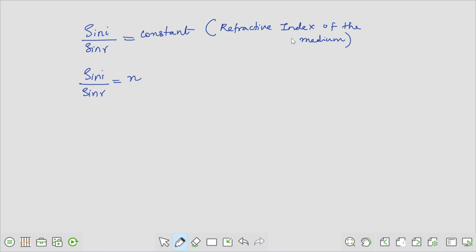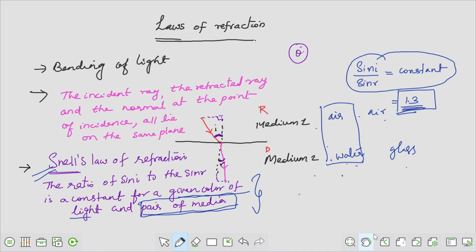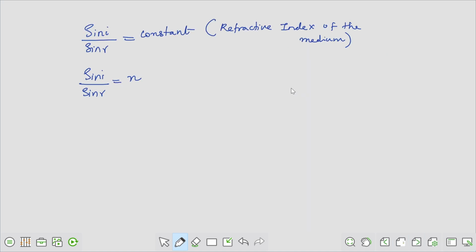Now let's learn more about refractive index. I'm going back to this diagram. In this diagram, we can see that when light is entering from a rarer to a denser medium, it bends. We know that rarer to denser bends towards the normal, and denser to rarer bends away from the normal. But we don't know how much it bends. In order to understand how much a light ray bends when it enters a different medium, we use the term called refractive index.